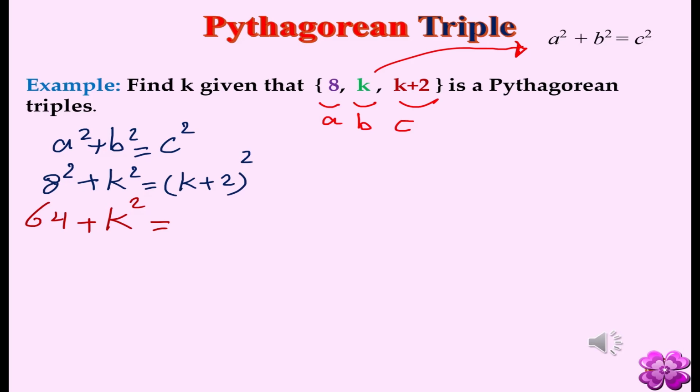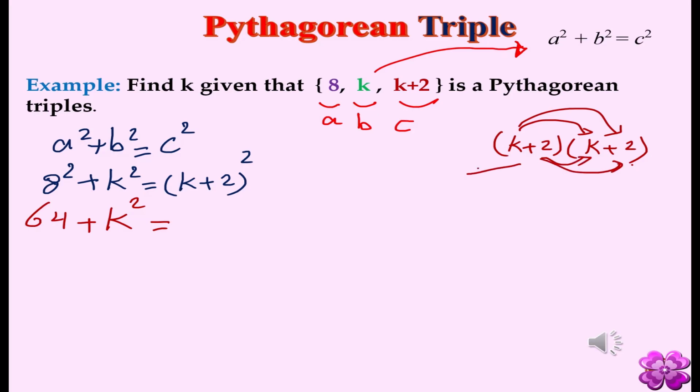And k plus 2 to the 2, you need to write it twice somewhere, and then apply the FOIL rule. Simplify the terms and record the final result here. The final result would be k squared plus 4k plus 4.